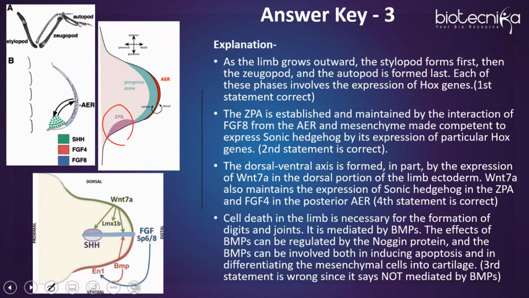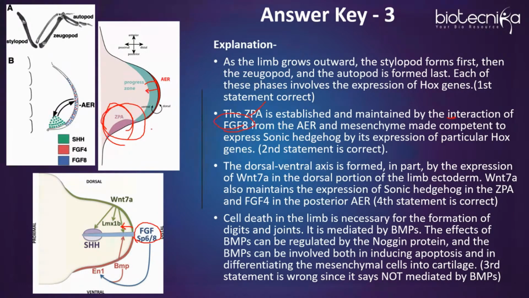It is done by something called ZPA, which is the zone of polarizing activity. It is maintained by the interaction of FGF8, which is released from the AER. The AER gives signal to the progress zone and the progress zone gives signal to the AER. This is a reciprocal signal which happens, okay?